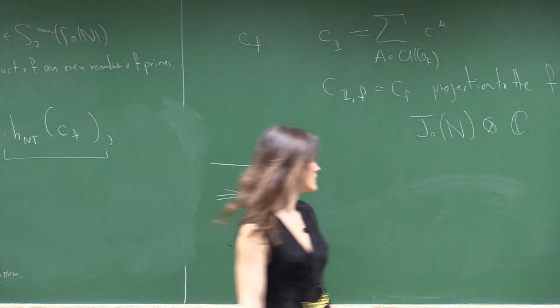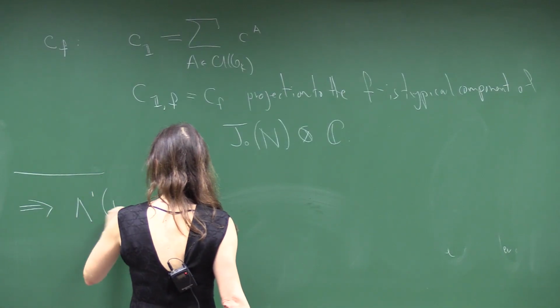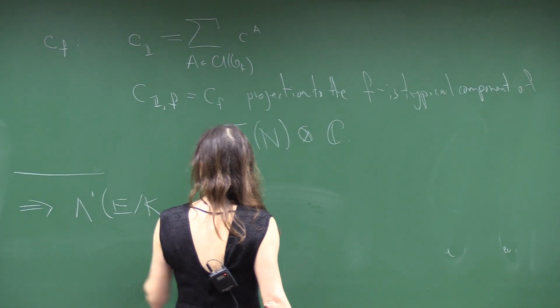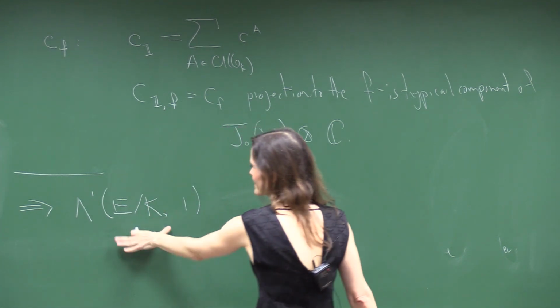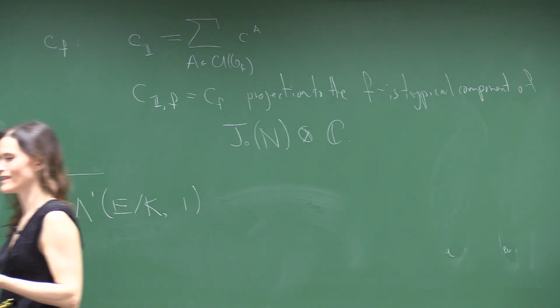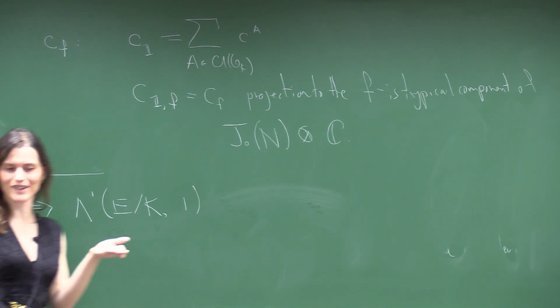So what Gross and Zagier explain in their paper, at least with the right conditions, is that if you consider this in terms of the decomposition, there will be a natural decomposition of this L-function.